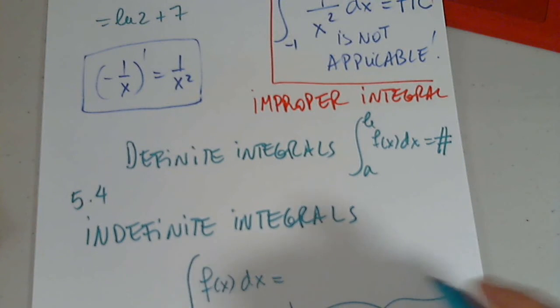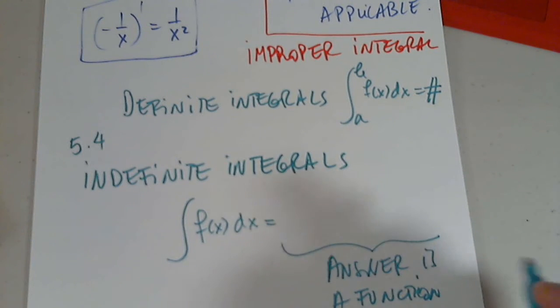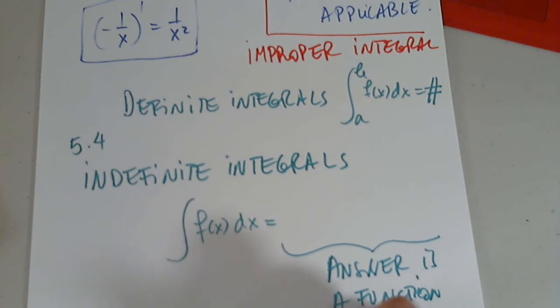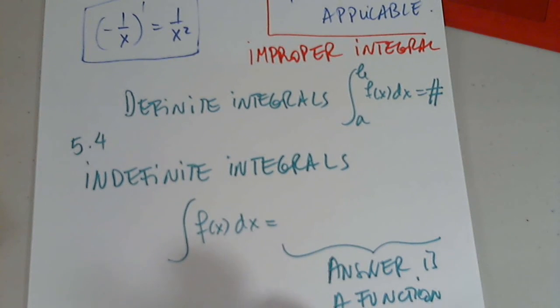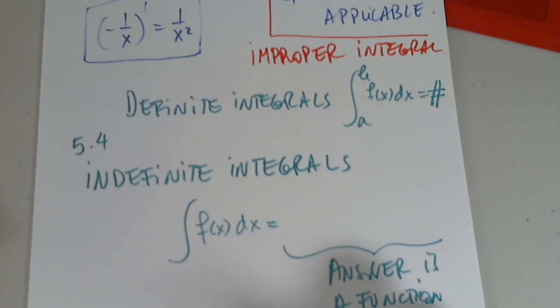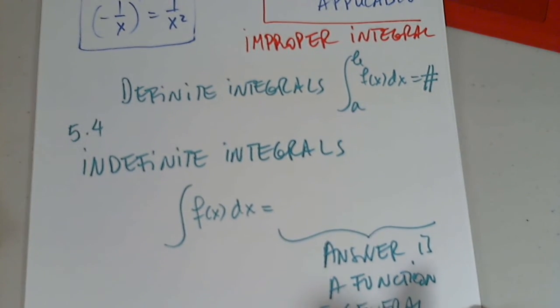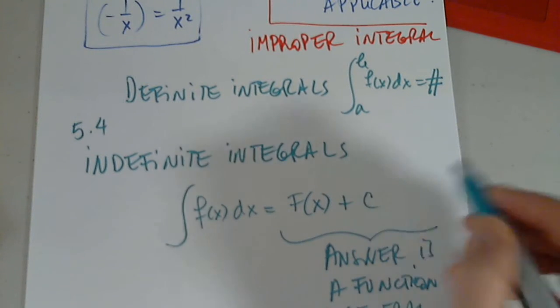The answer must be a function. Not just a function. The most general antiderivative, which is a family of functions. So this is f of x plus a constant c.